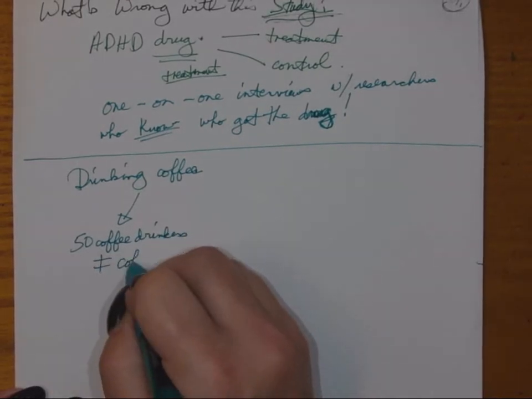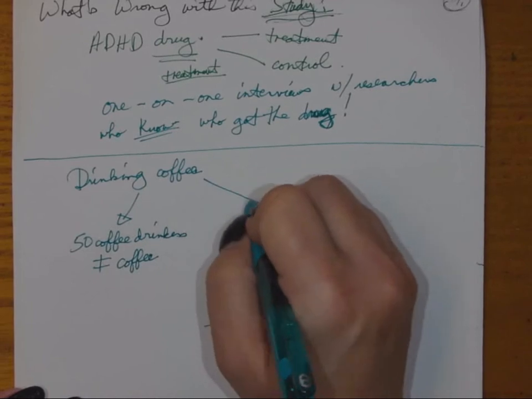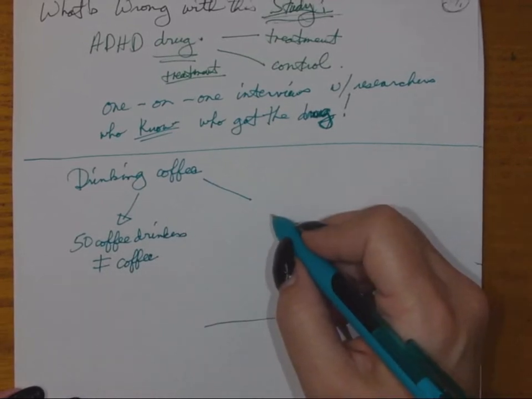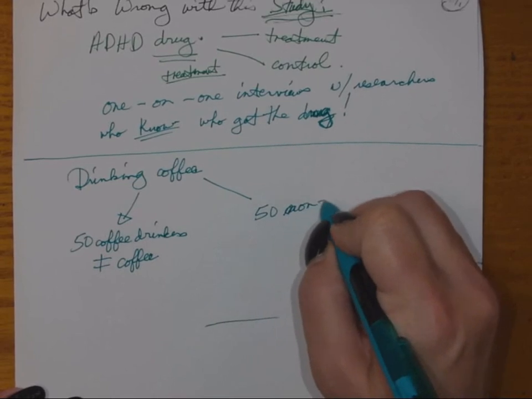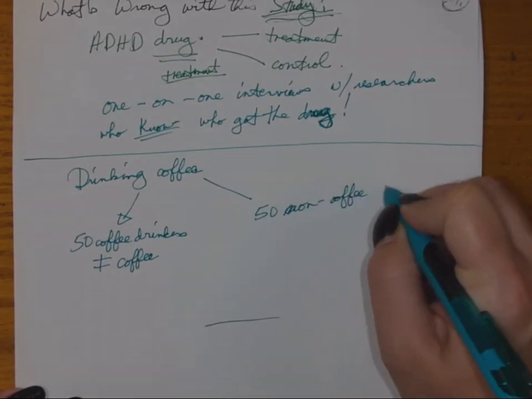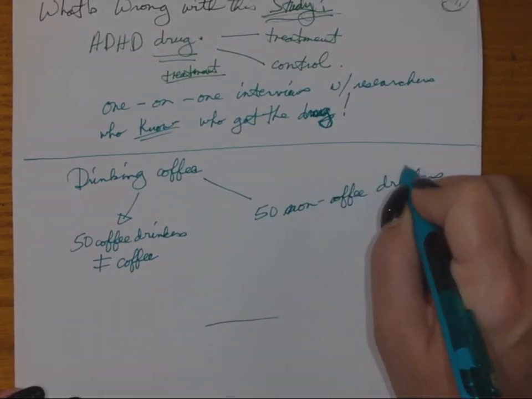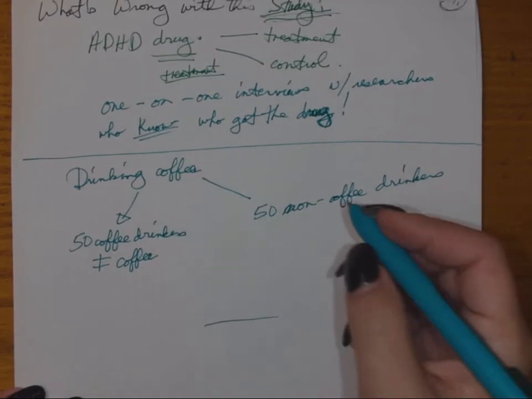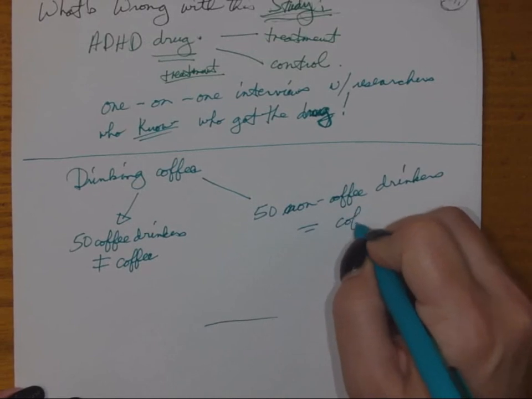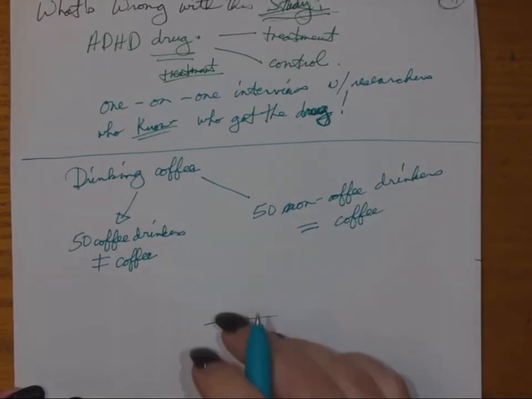No coffee right before an exam. And 50 non-coffee drinkers are told to drink coffee, at least 2 cups of coffee, in the 4 hours before they take a test.